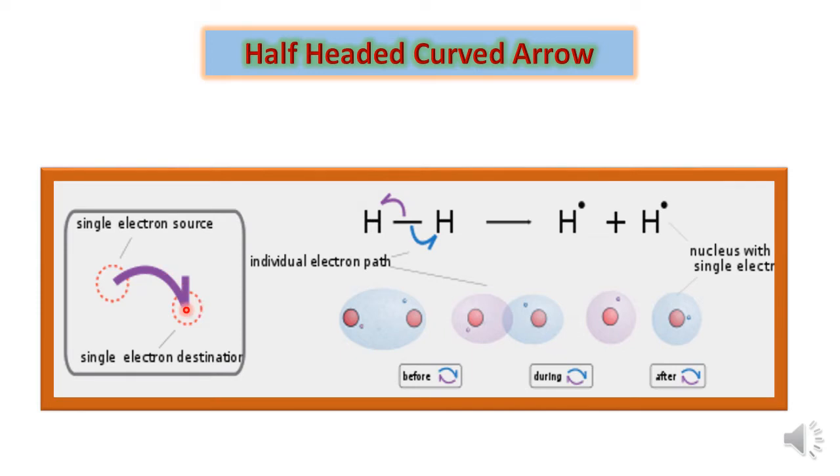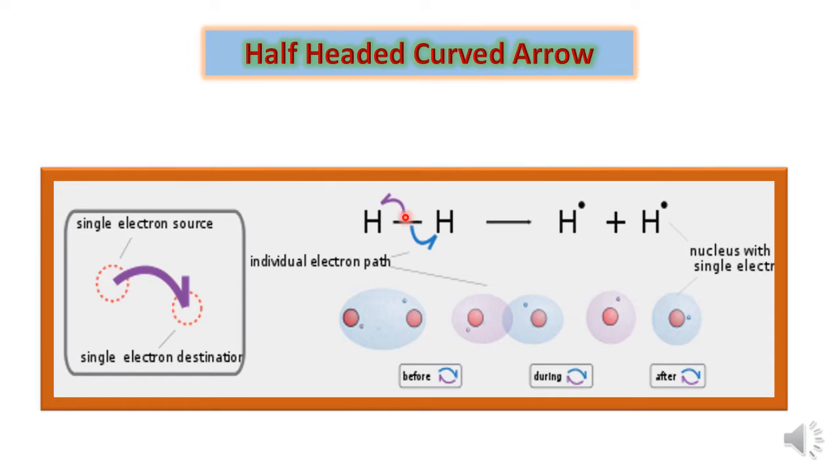So whenever there is a half-headed curved arrow, it indicates that only a single electron is transferred from one position to another position. So here the electron is transferred from this position to this position. So remember this.